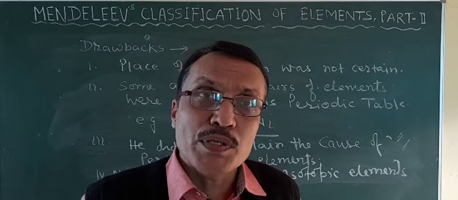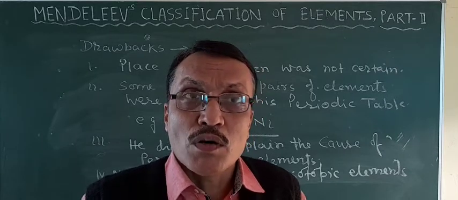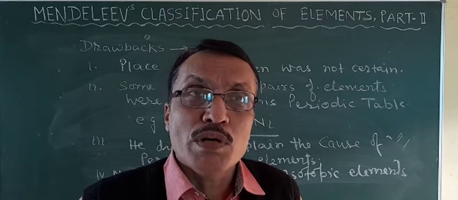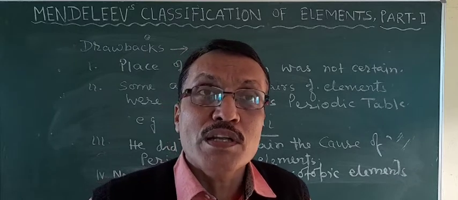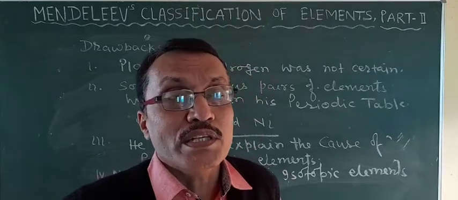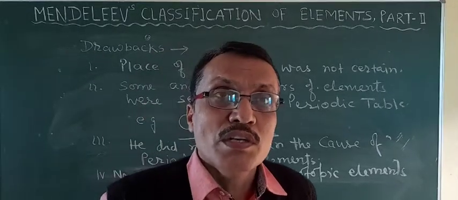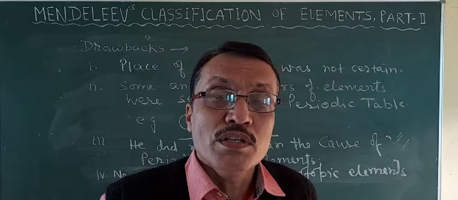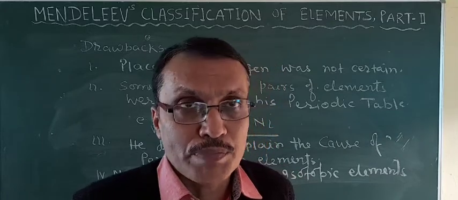But in his periodic table only one place was provided for element hydrogen and so many other isotopic elements. So this was also regarded as one of the drawback of Mendeleev periodic table.